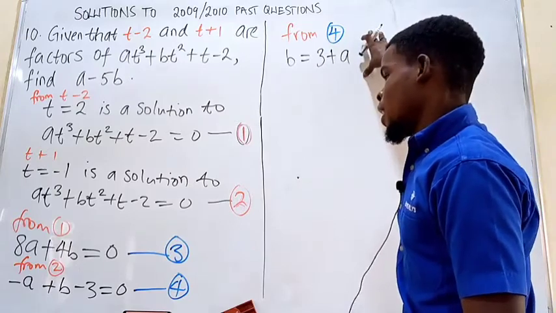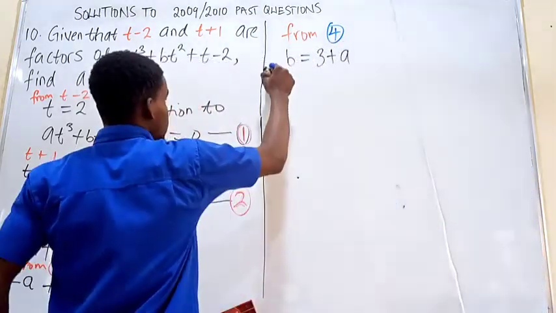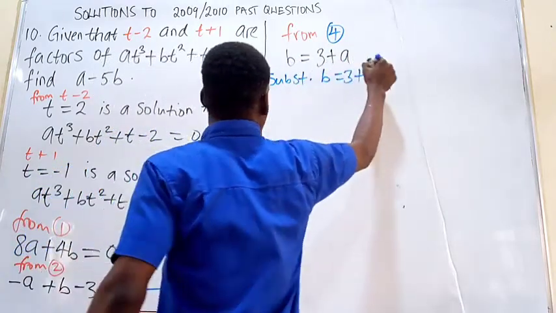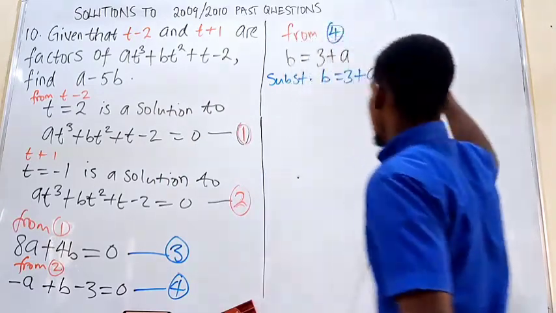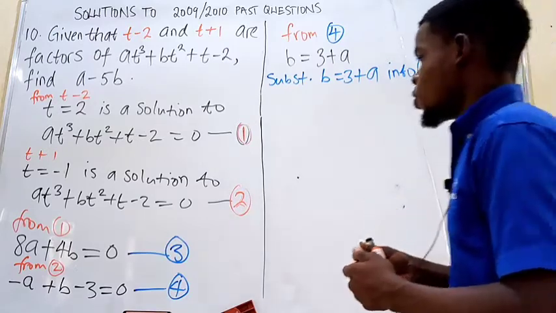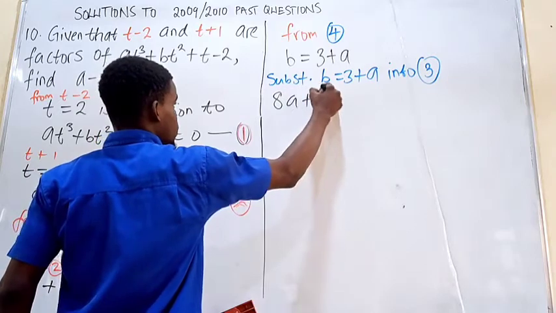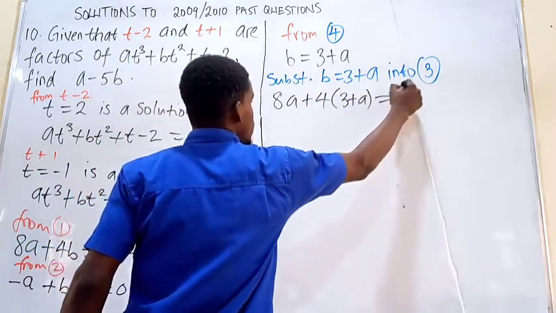So we substitute b equals 3 plus a into equation 3, and we're going to have 8a plus 4 times b, where b is 3 plus a, equals 0.